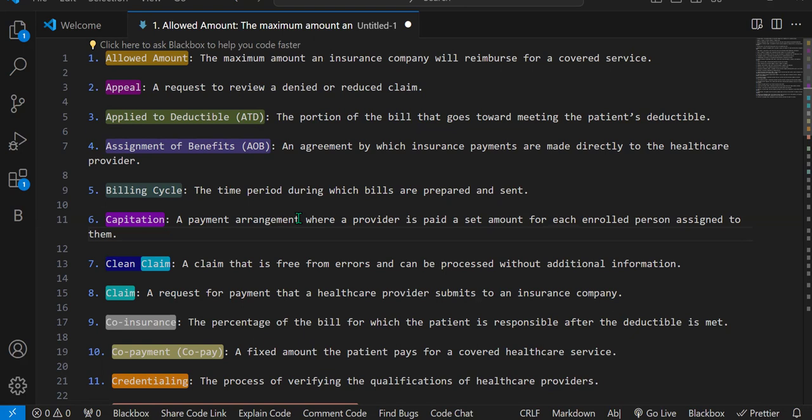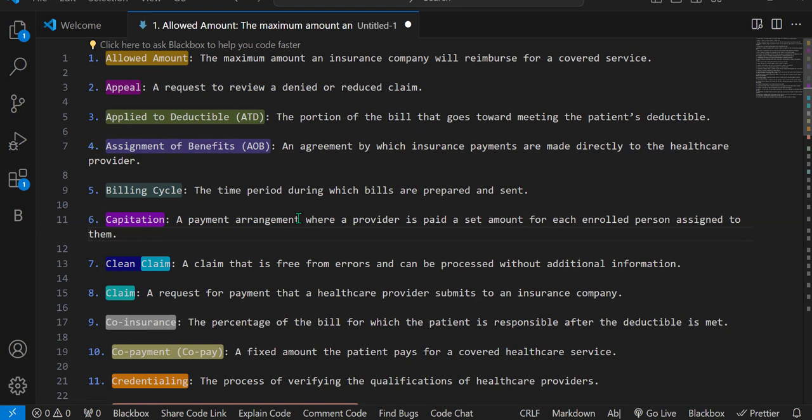The insurance company will assess the claim form and give the allowed amount. So this much amount only we will give for the services done by the doctor. That is called allowed amount.